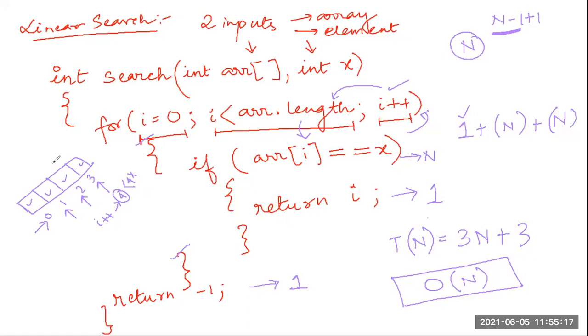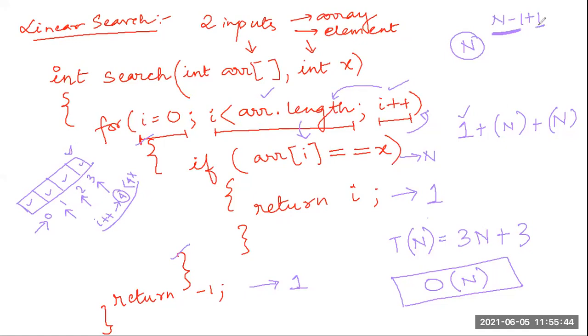No. So to get out of any for loop, I do one more increment and one more check to get a false answer. Otherwise my loop will continue an infinite number of times, and I will be trapped inside my loop. So to get out of the loop, I do one more step.